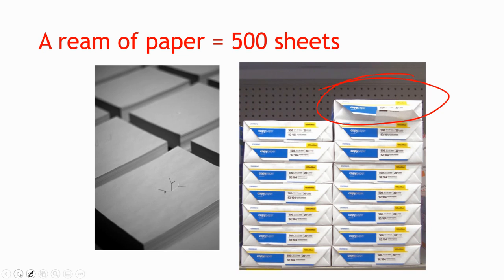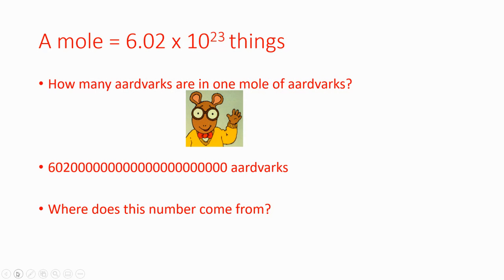In chemistry, the mole is exactly the same concept. It represents a specific number of things, and it doesn't matter what those things are. 6.02 times 10 to the 23rd.